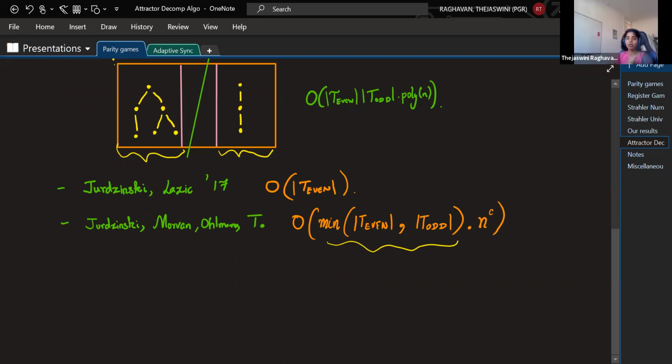But this kind of assumes that you know that this is winning for even in the beginning. So if someone tells you all vertices are winning for even, then you can tell all vertices are winning for even quickly. So this is kind of trivial.